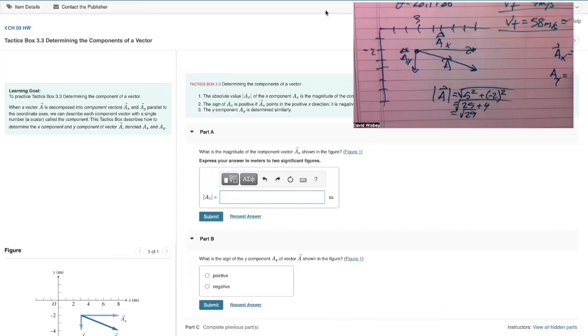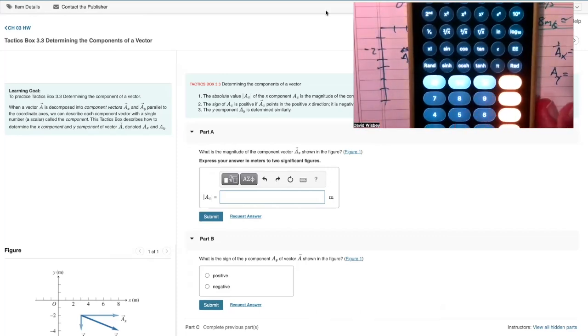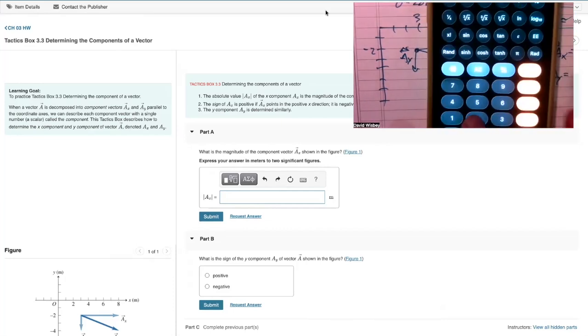And the square root of 29, I'll just do that on my phone real quick. Well, I know 5 times 5 is 25, and so it's probably about 5.4, I'm guessing. No, dang it, it's 29, so I'm going to take the square root of that.